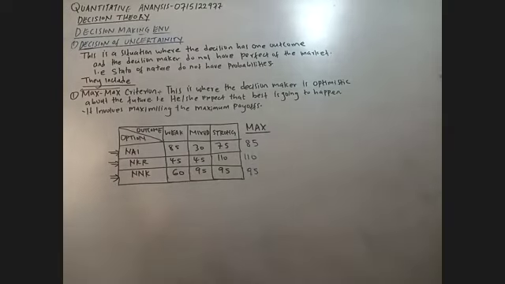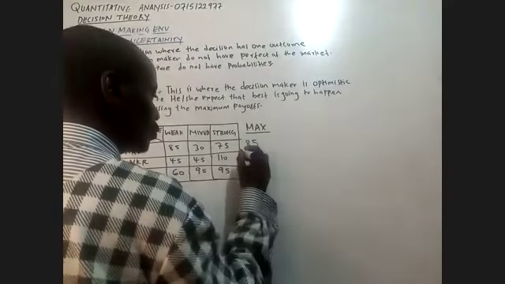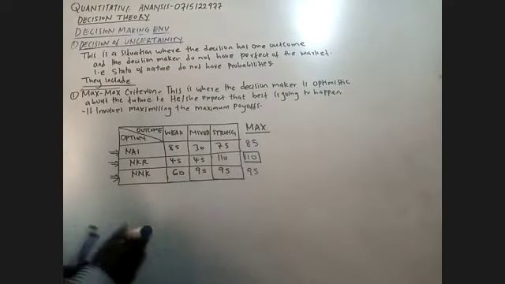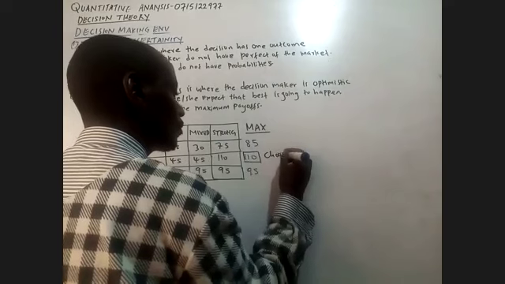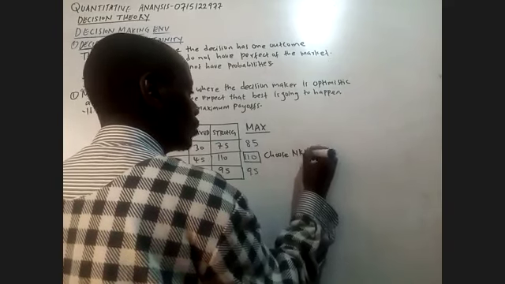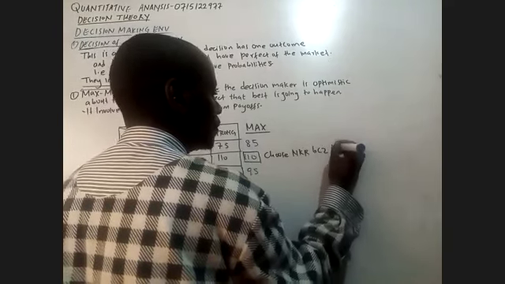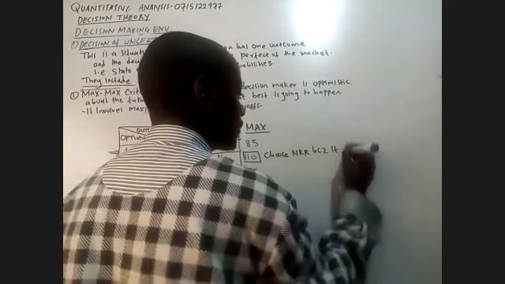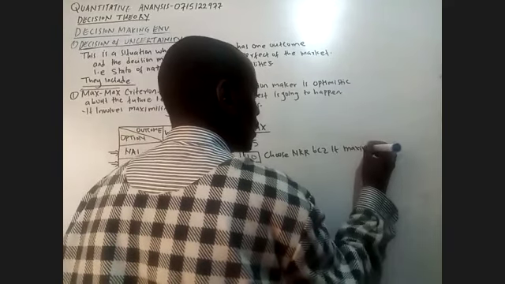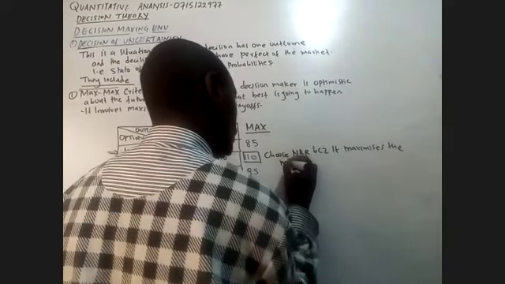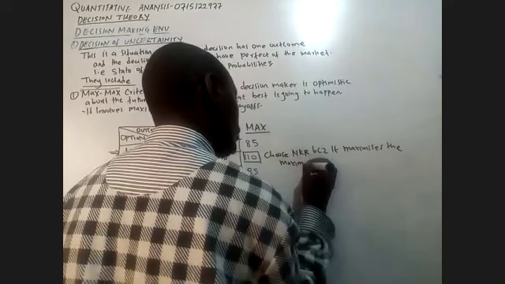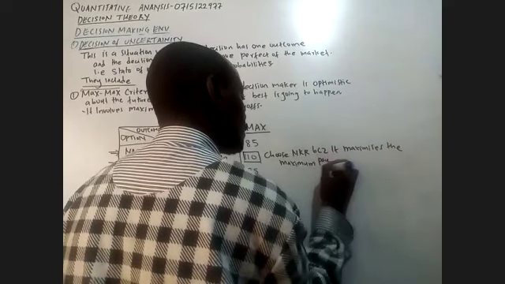So tunasema maximum, then you choose maximum. In this case, I choose Nakuru because it maximizes the maximum payoffs.